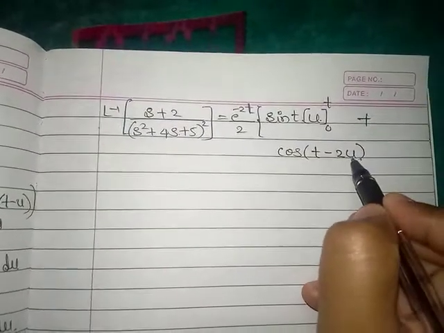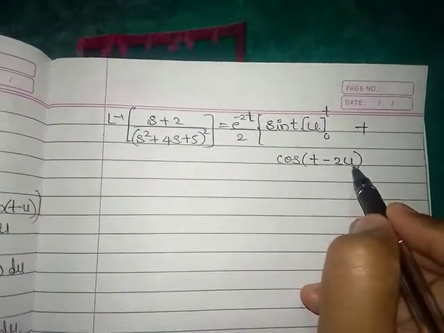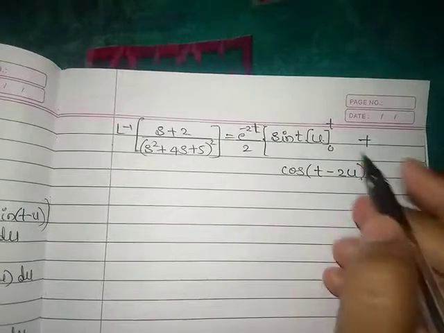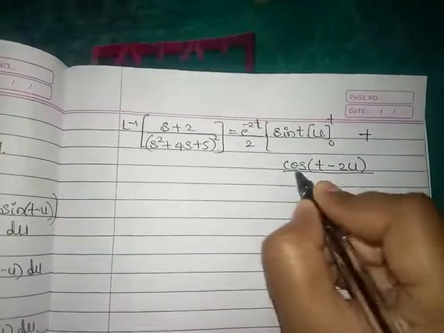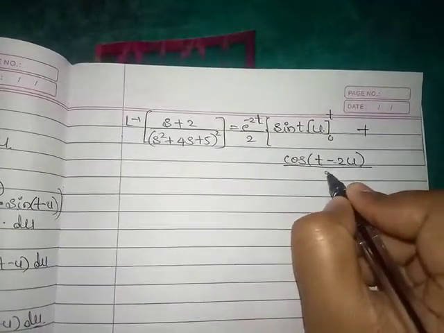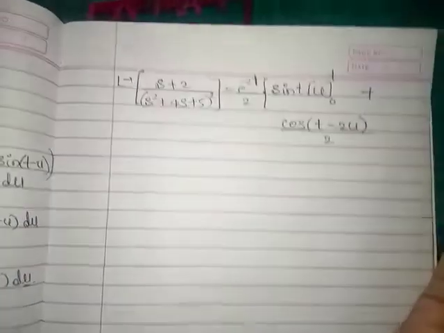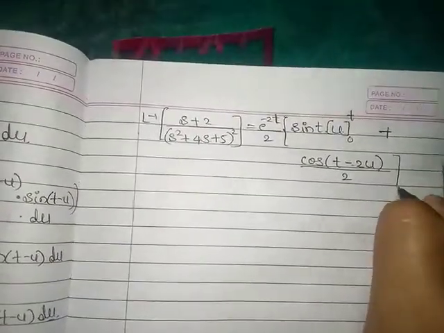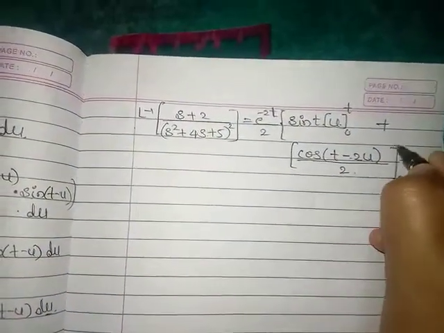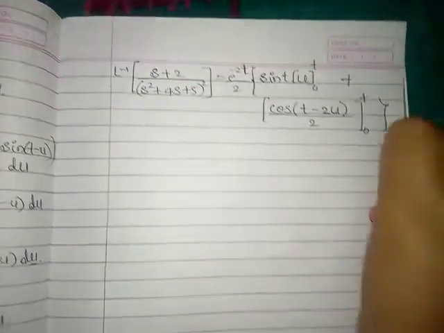Here the coefficient of u is 2, therefore it is cos of t minus 2u divided by 2, limits from 0 to t.